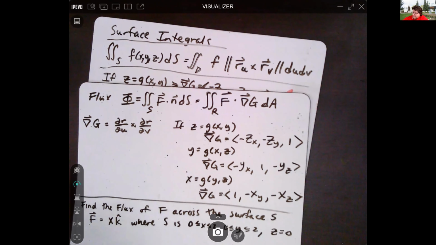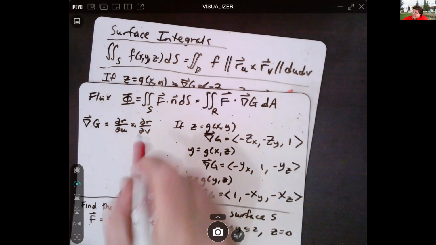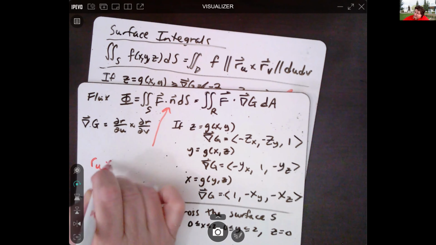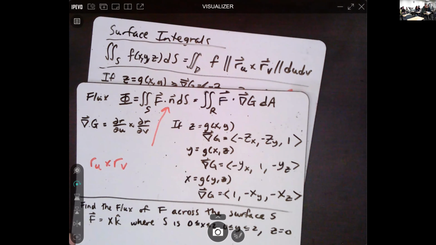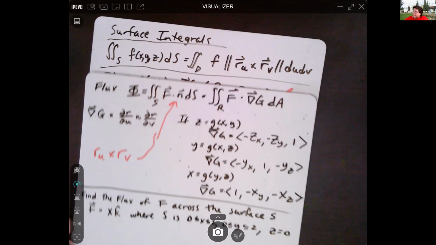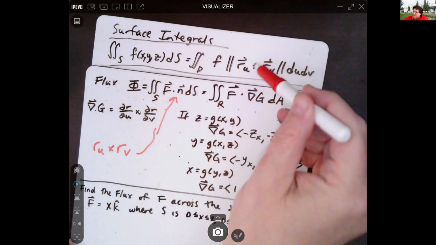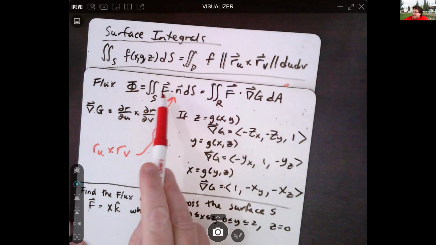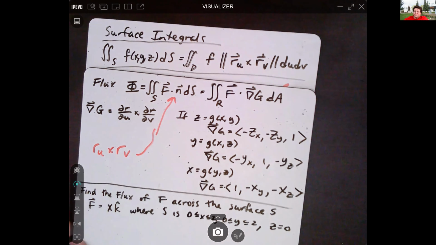Let me get it in red real quick. So notice these look really similar. I've got F times the magnitude of RU cross RV, and here I've got F as a vector dotted with RU cross RV.